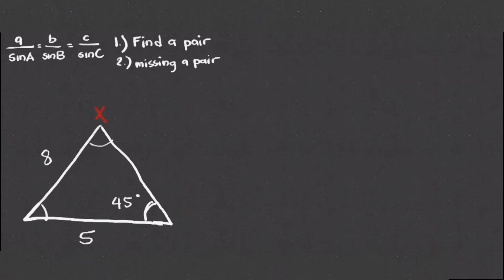Let's use the formula to solve this one. The small letters represent the sides and the big letters represent their corresponding angles. So let's make the small letter a the 8 and the big letter A the 45 degrees.